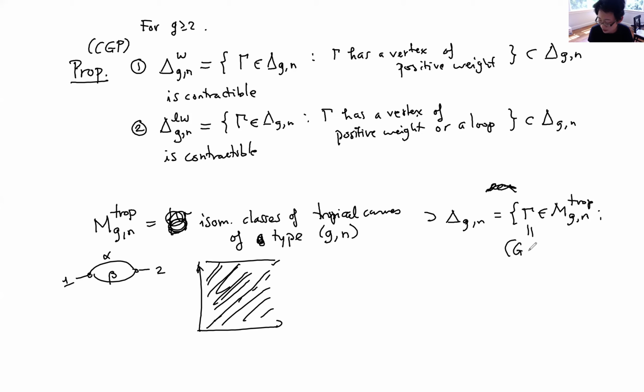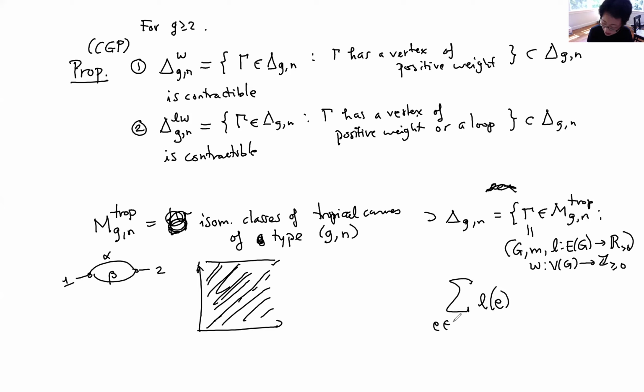So if the underlying graph is G, and there's a length function on the edges, and in Margarita's setting you have a weight function too, which did not come up in today's talk, then volume 1, sorry, this is a long answer, means that the sum of the edge lengths is exactly 1. So in this picture, it would have been a volume 1 slice. That red part. Okay, great.